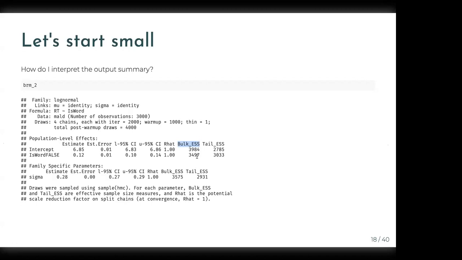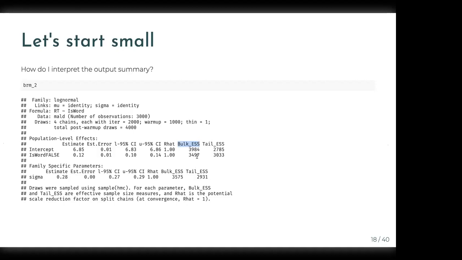The number of iterations doesn't have any effect on the model output, meaning that it's just going to affect the ability of the model to reach an answer, but the answer is going to be independent from the number of iterations. Generally, the less data you have and the more complex the model is, the more iterations you need. But what I do generally is I just start with 2000, and then I see if I need to increase them.